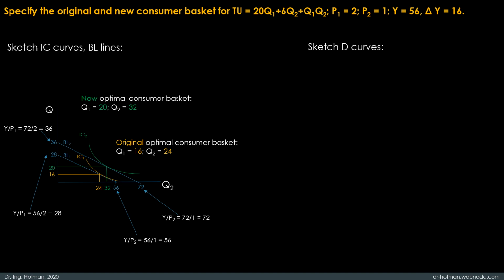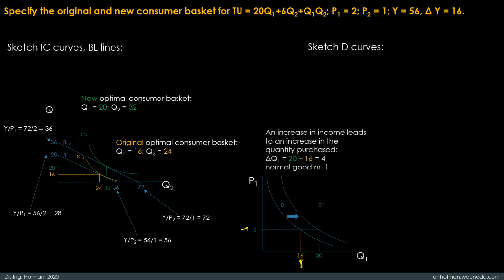Let's sketch D curves now, derived from the IC curves and budget lines. For P1, price of the first good, and Q1, quantity of the first good, we have here the individual demand curve at the price 2 euros, originally 16 pieces, and newly for D stripe, the new individual demand curve, 20 pieces.